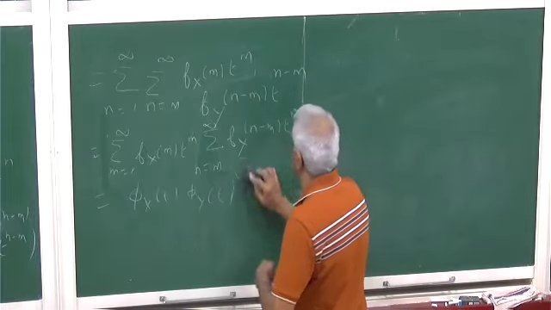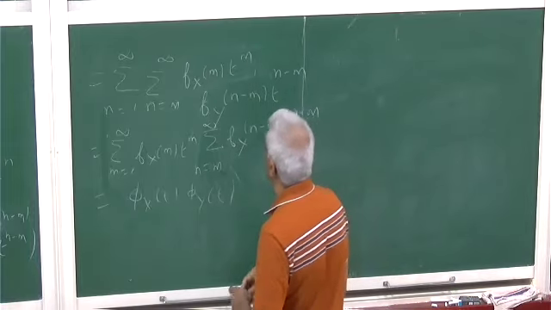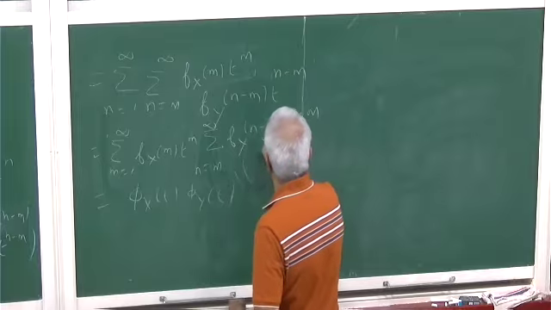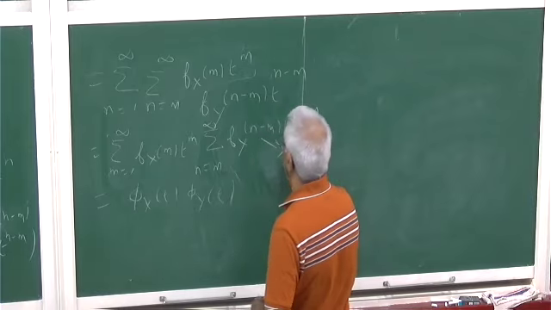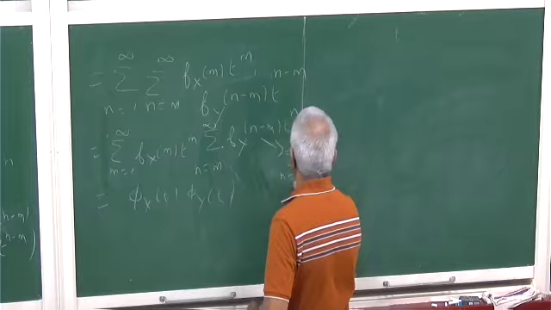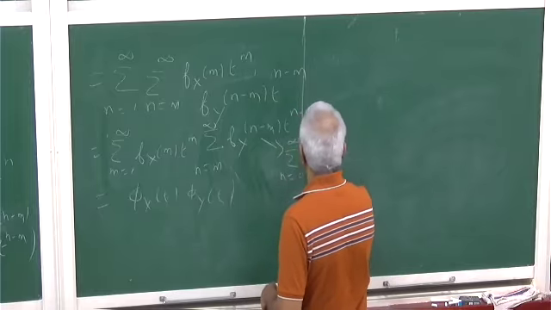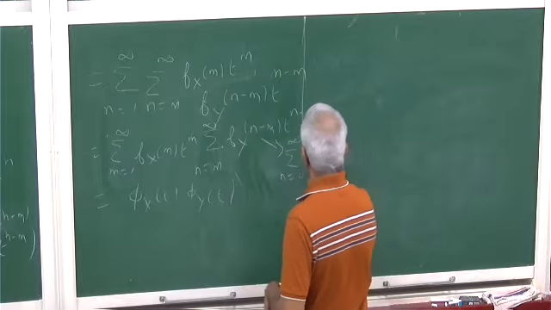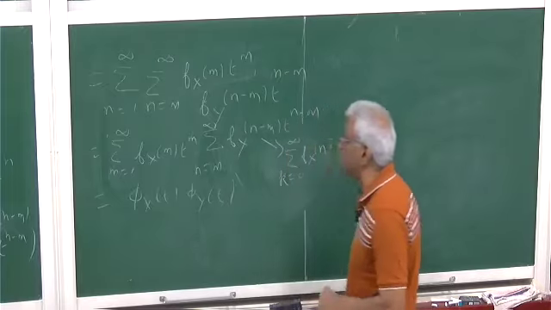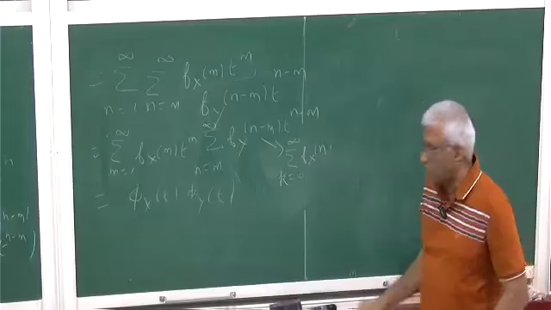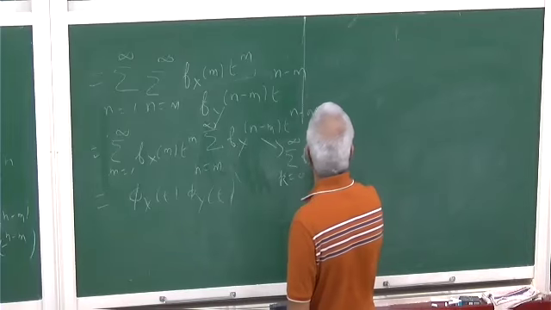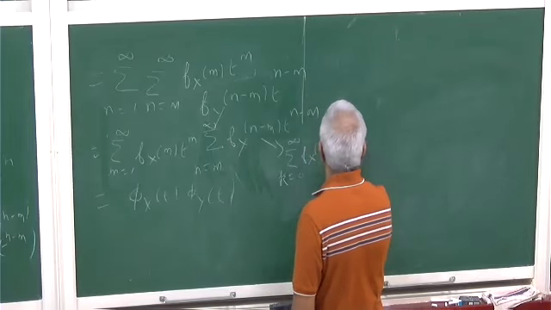You want me to write another step? This particular term is equal to the summation n equal to 0 to infinity of fx n, or you write it as k. Substitute k equal to n minus m, k from 0 to infinity of fx k t power k.